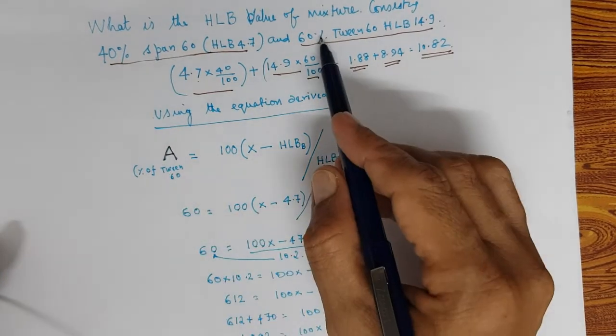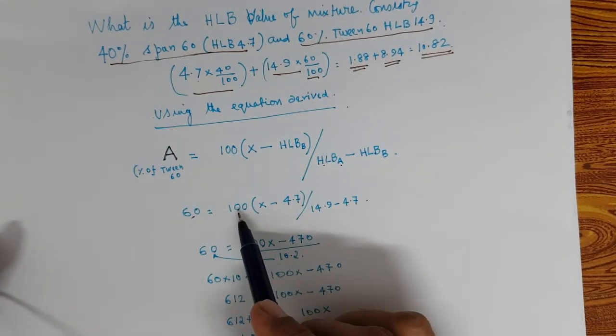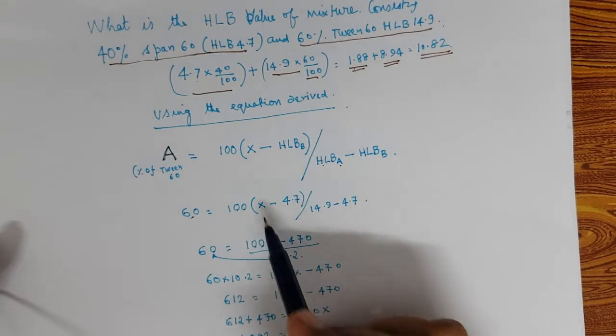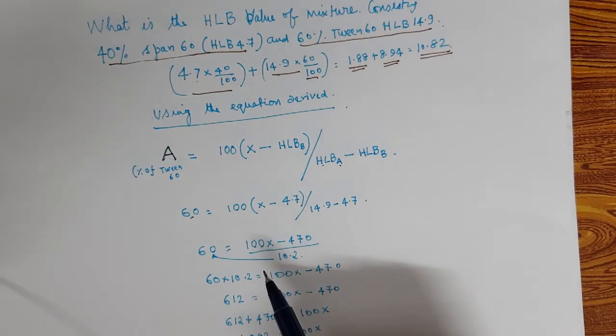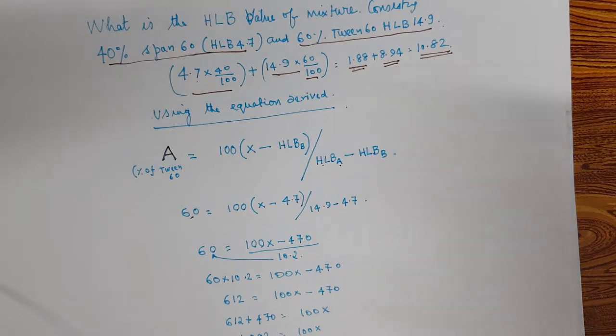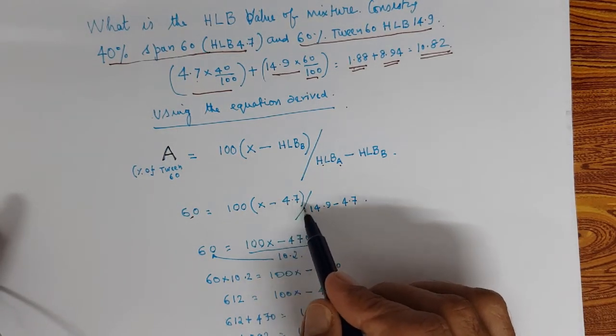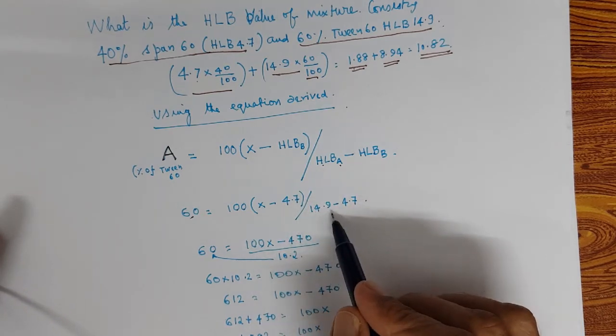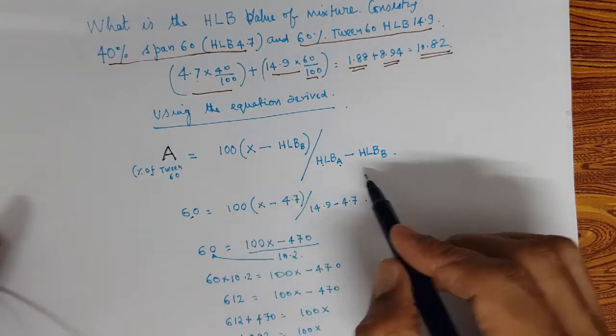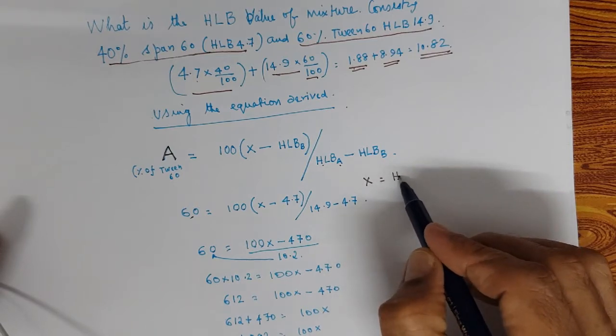We know 60% is Tween 60, equal to 100 into X minus 4.7 by 14.9 minus 4.7. X is the HLB of the system.